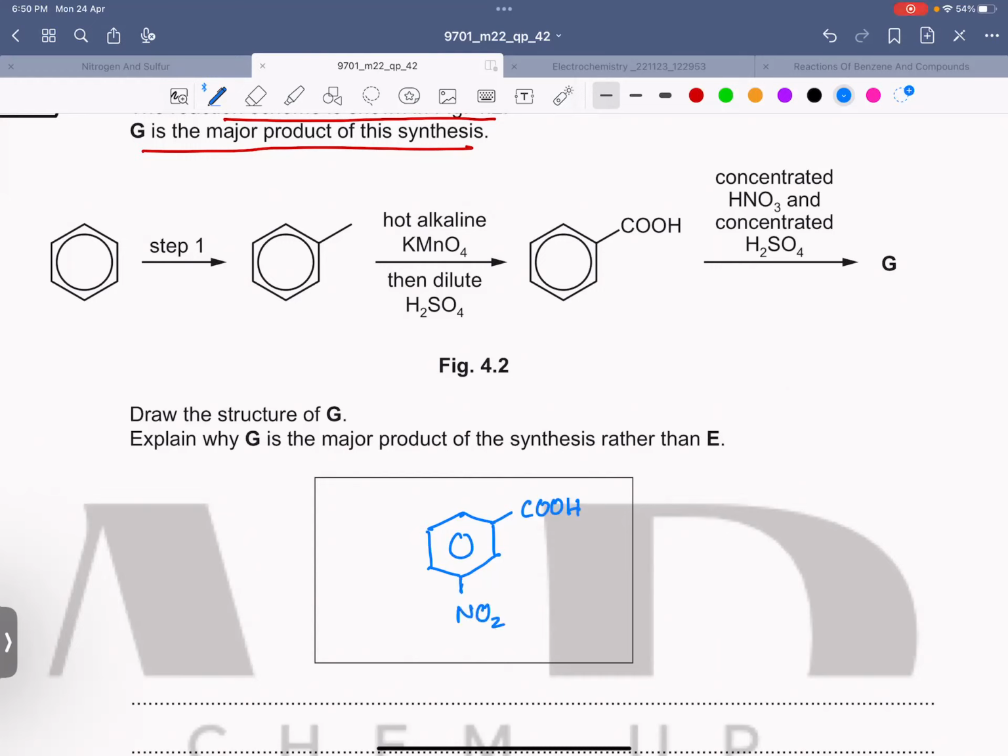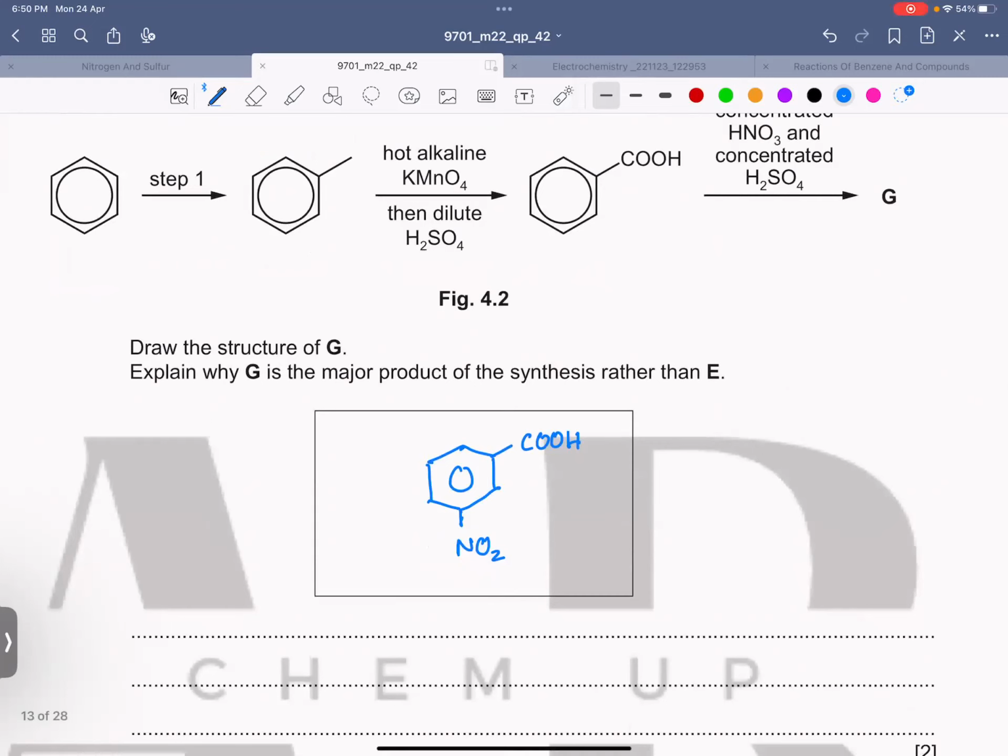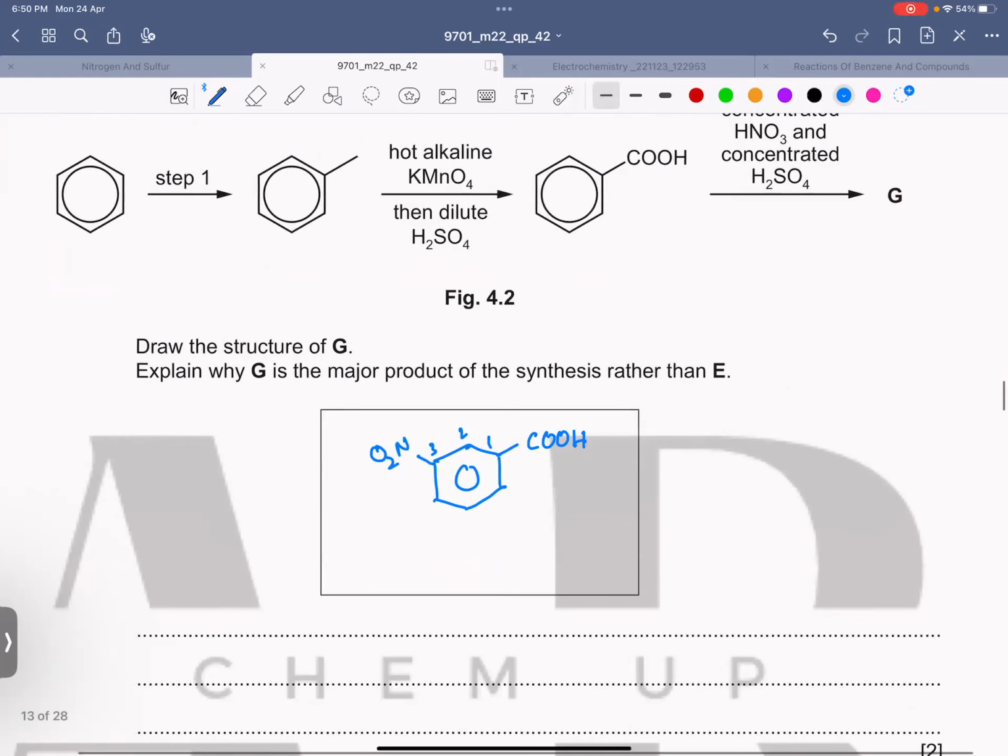Is this understandable to everyone? Sir, can I make it at 5? It doesn't matter. If I make it over here, it is still 3. It's not 5, because the numbering starts this way.